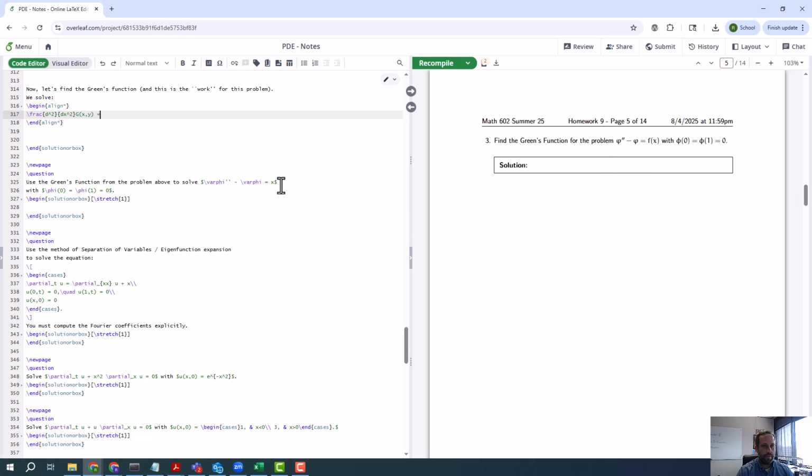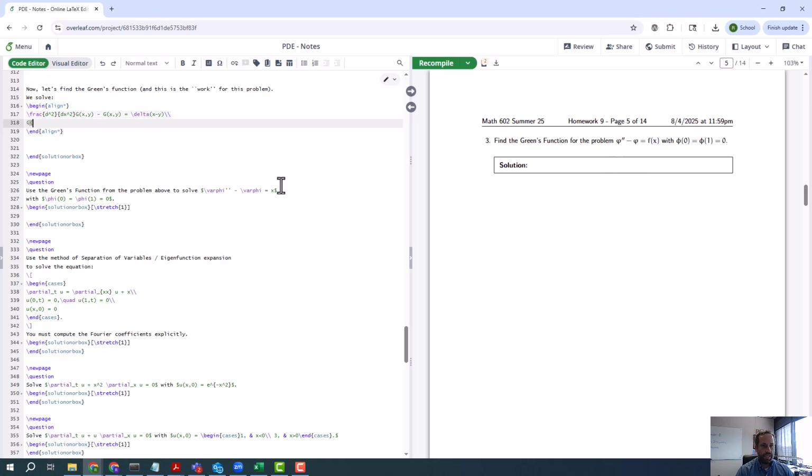So we solve this minus g of x comma y equal to the delta at x minus y. And then we want g of 0 comma y to equal g of 1 comma y, and both of those to be equal to 0.